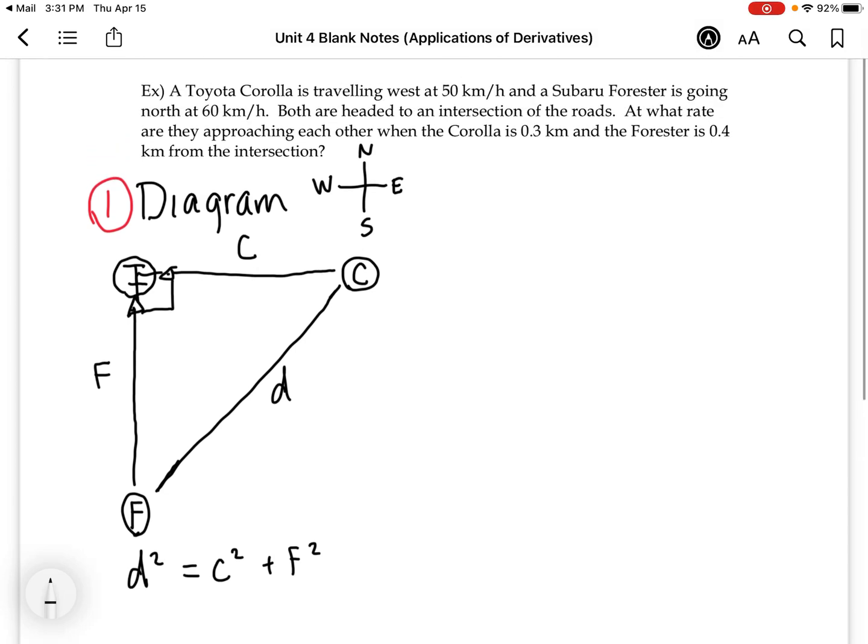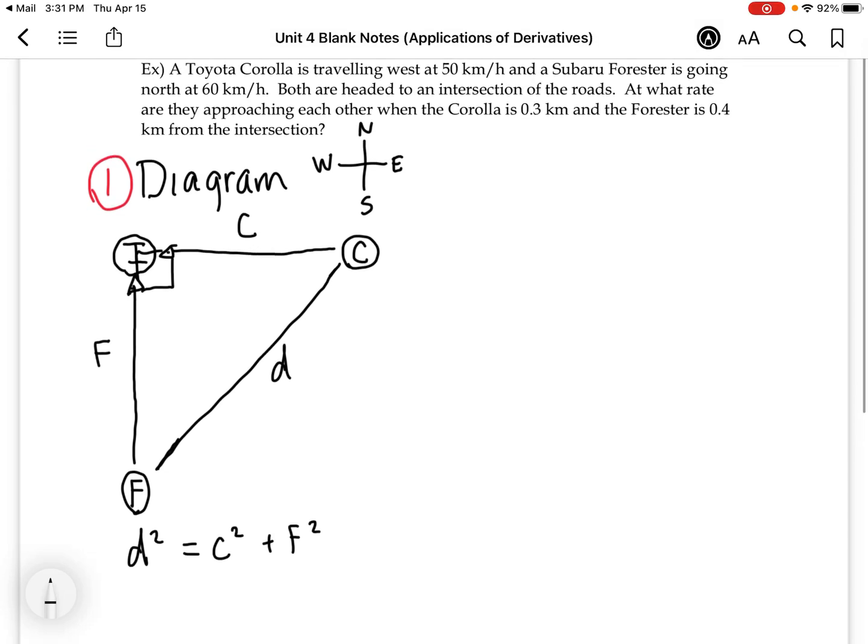Now, what else do we know? We know that the Toyota Corolla is traveling west at 50 kilometers per hour. That would be dc by dt, the Corolla's rate of change. Here's kind of the tricky part though. The Corolla's distance is actually decreasing as it gets closer and closer to the intersection.